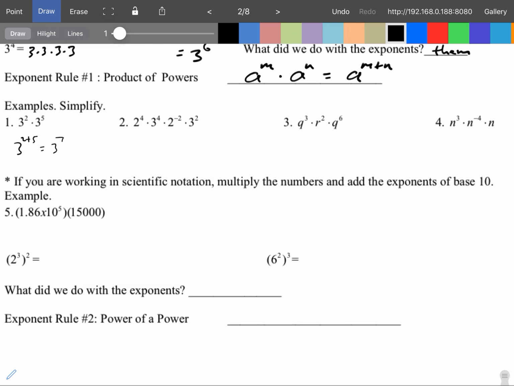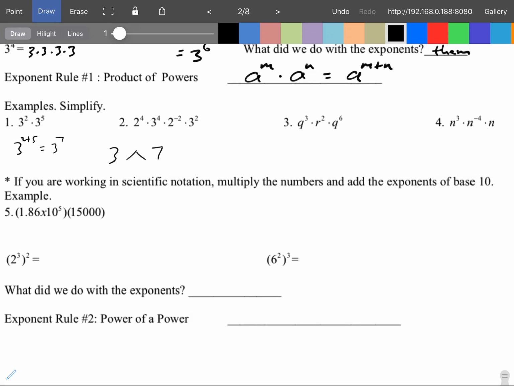Now, depending on if you're going to use your calculator or a phone, you're probably going to do it like this. You're going to do 3, and then you're going to use this caret key and then put the exponent in. So that's how you'd enter it in your calculator or your phone, most likely.